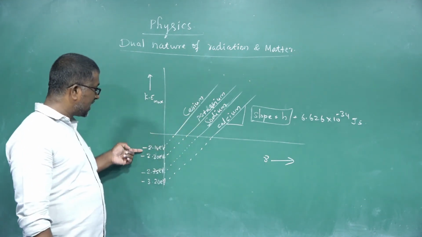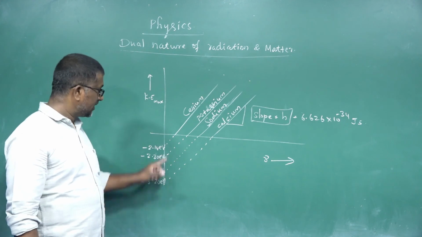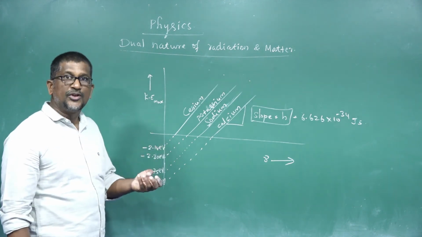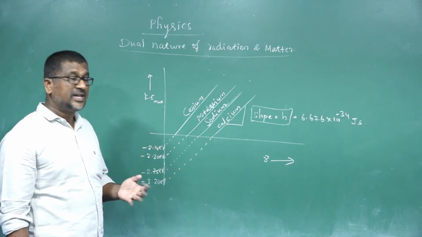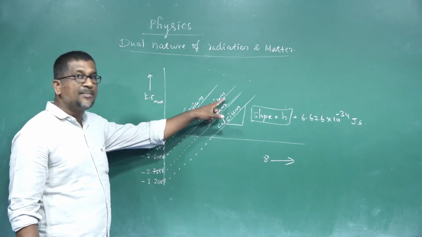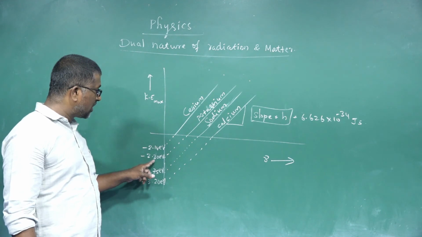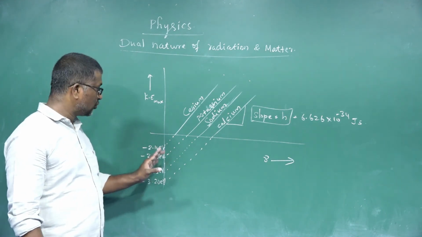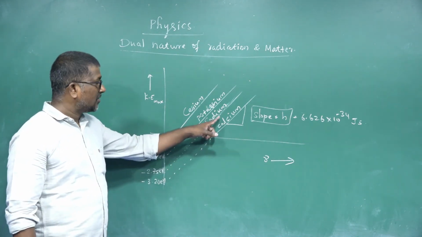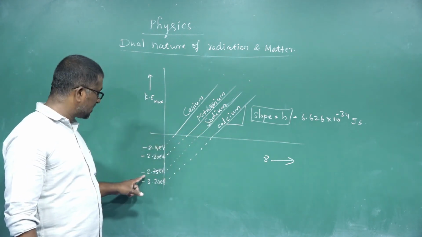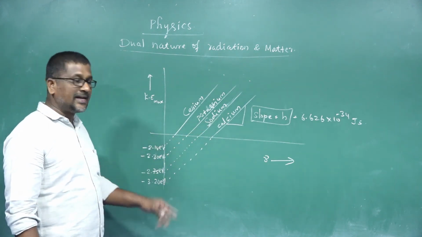That value is -2.14 electron volt. Electron volt is one of the units of energy, right? For potassium metal, the photoelectric work function value is -2.30 electron volt. For sodium metal, it is -2.75 electron volt.